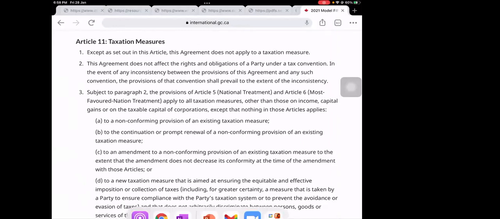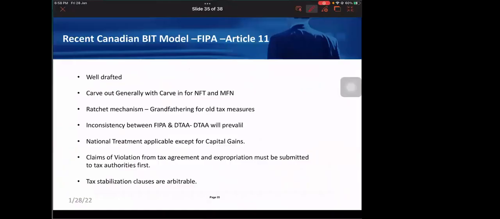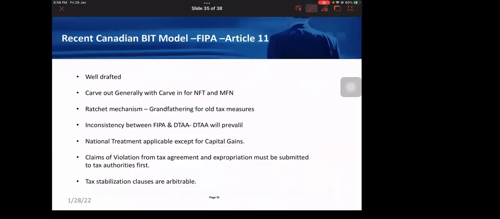I will not get into it, but what it says is, it also talks about grandfathering, and it specifically mentions that if there is inconsistency between the FIPA, the Foreign Investment Promotion and Protection Agreement, and the DTAA, the DTAA will prevail. National treatment is applicable except for capital gains. They have tried to make it as explicit as possible, so there is no room for arbitral tribunals to interpret.